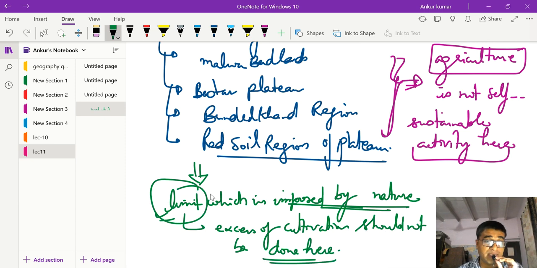The government must engage the population in these areas in alternate sources of employment, industries, services, so other avenues must be opened in these areas.